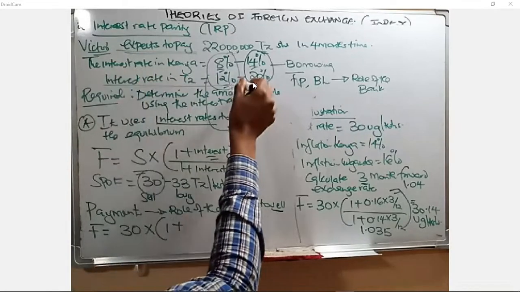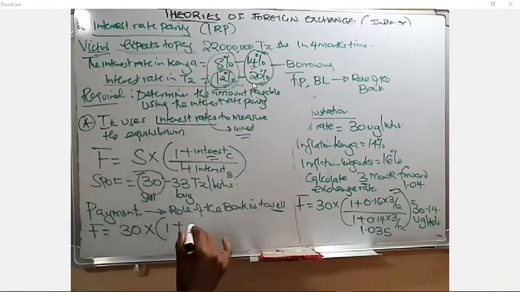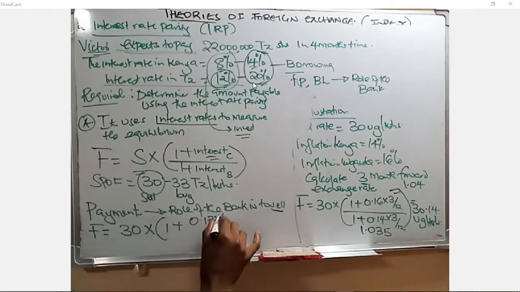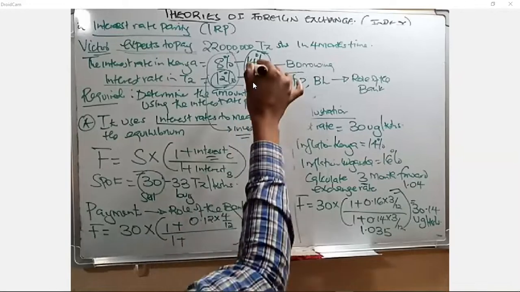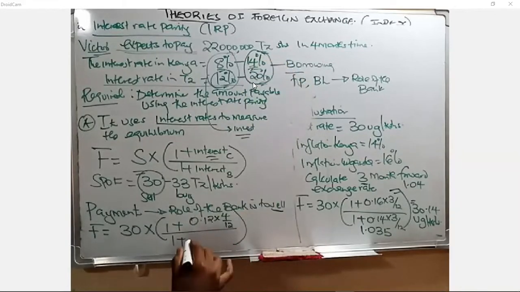Yes, the interest rate we are going to use for investment in Tanzania is 0.12 times 4 over 12, right? We divide by, because we are saying borrow local, we are borrowing at which rate? 14, we borrow in Kenya, 0.14 times 4 over 12.